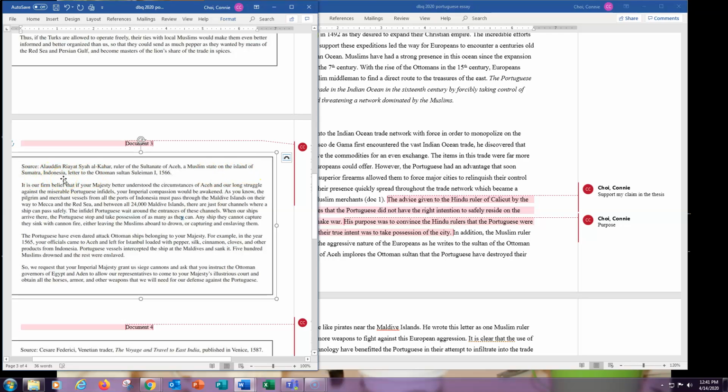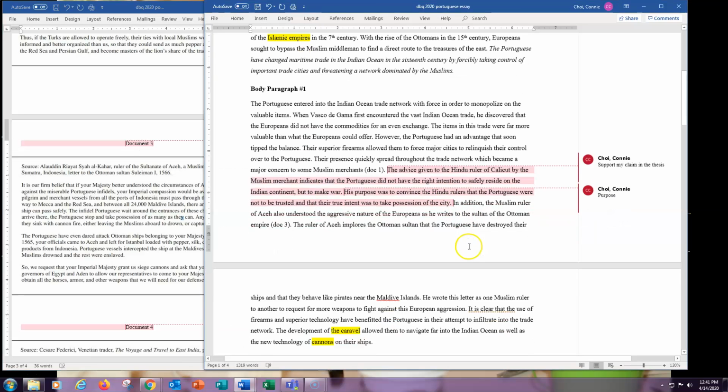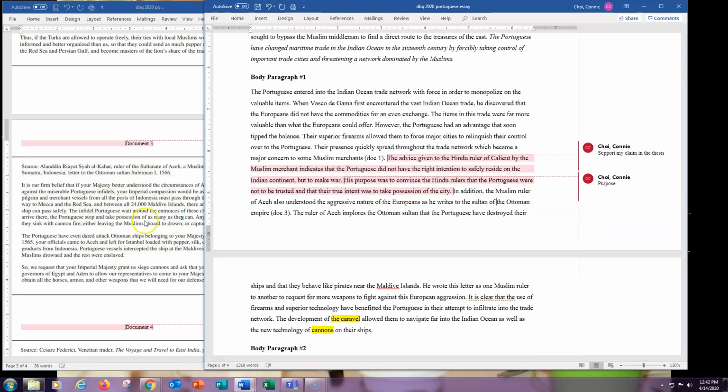So this is a sultanate, meaning that it is ruled by a Muslim, even though it's in Indonesia, and he's writing to the Sultan of the Ottoman Empire. And I've cited content from this document to basically cite the source, which is document 3.